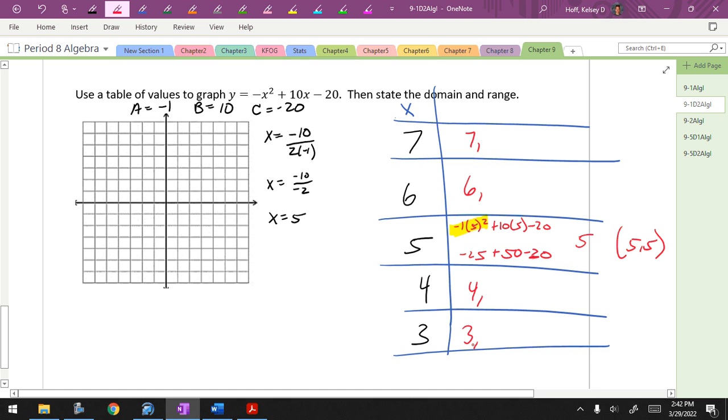Plugged in 7, you got 1. Plugged in 6, you got 4. Plugged in 4, you got 4. And plugged in 3, you got 1. Is that good? That's really good.